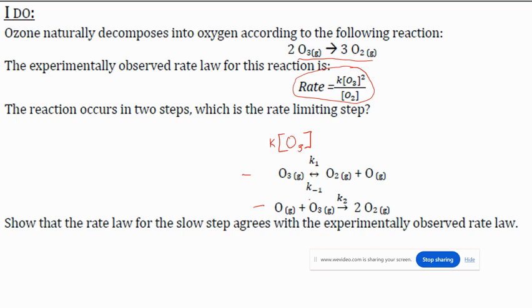Why is the rate K O3 over O2? Because this is at equilibrium. So because of that, we end up with that O2 in there.